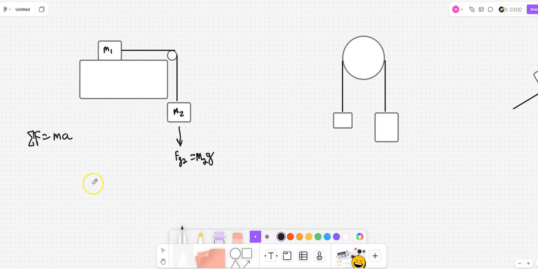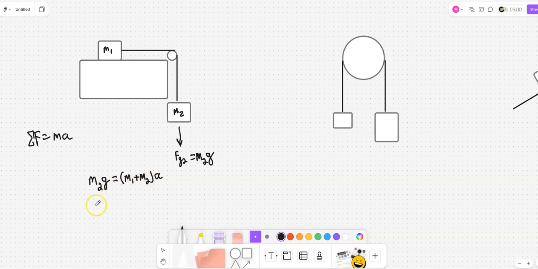So we know that that's going to be our force, the weight of box 2, and that's going to be equal to the mass of the entire system. So that's going to be m1 plus m2 times the acceleration. So if we had numbers and we wanted to find the acceleration, we would just add these two together, and that would give us our actual acceleration here.